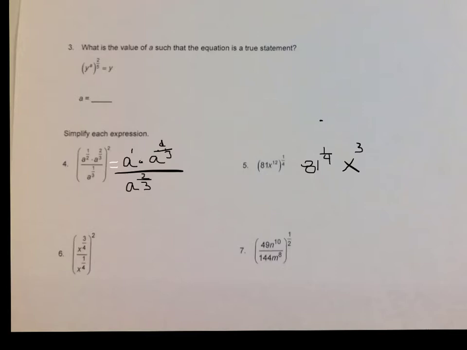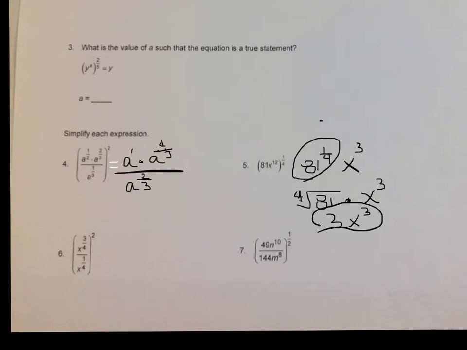What I would do is rewrite this exponent as a radical, which would be the 4th root of 81 times x to the power of 3. The 4th root of 81 is 3. Bring down your x to the power of 3.